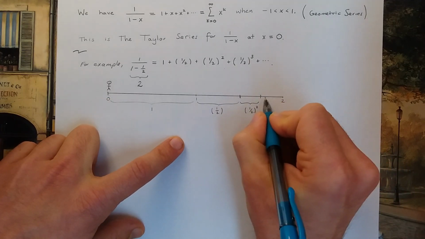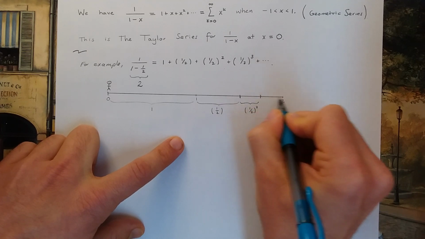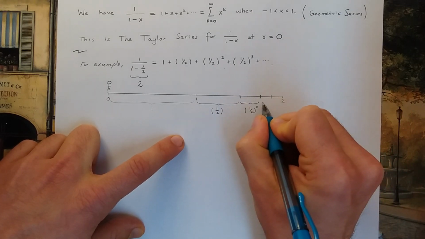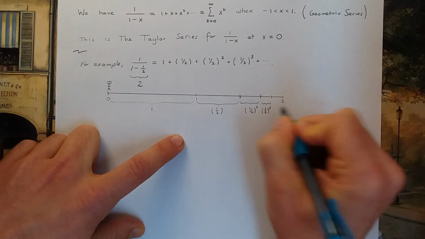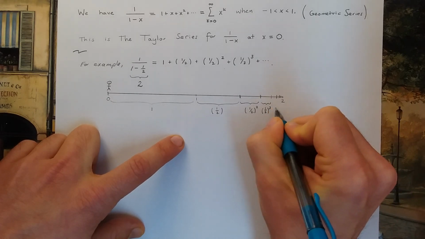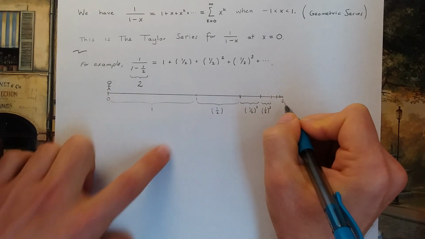And I could repeat this idea. No matter where I am, I have to go halfway to my destination before I get to my destination. So this next distance here would be 1/2 cubed, and so on. Half, half, half, I get an infinite number of locations I have to pass before I get to the end.